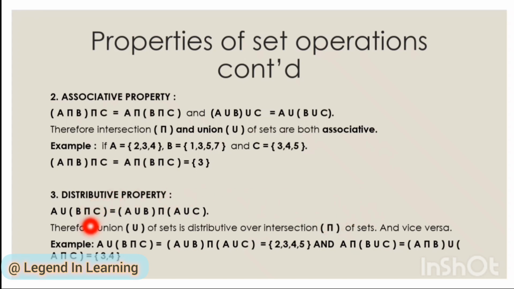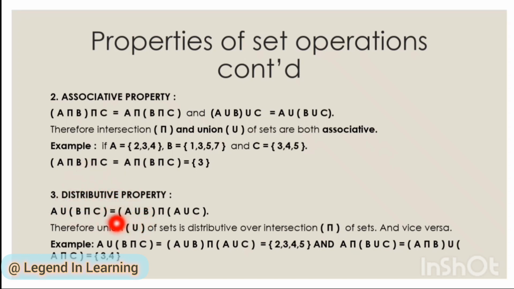Because it was inside the bracket. The same way, if I bring the union set inside the bracket and bring the intersection outside, I will say that the intersection is distributive over the union set. So that is how it works.